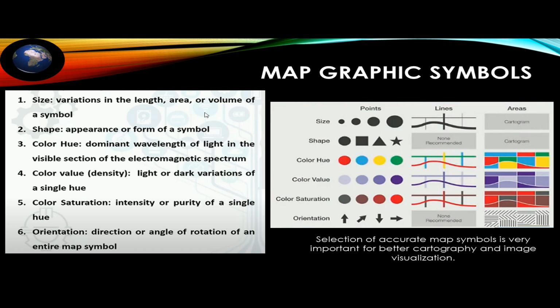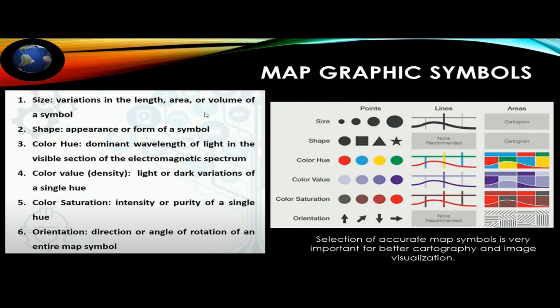I will tell you what is hue. So it tells about the saturation, means how much. Like if I tell exactly a river basin, I will demarcate it with the blue color, like dark blue color. If any stream is there, meaning a normal stream, any nearby stream of the river basin, I can demarcate it with the light blue color. So like that is the purity of the hue.